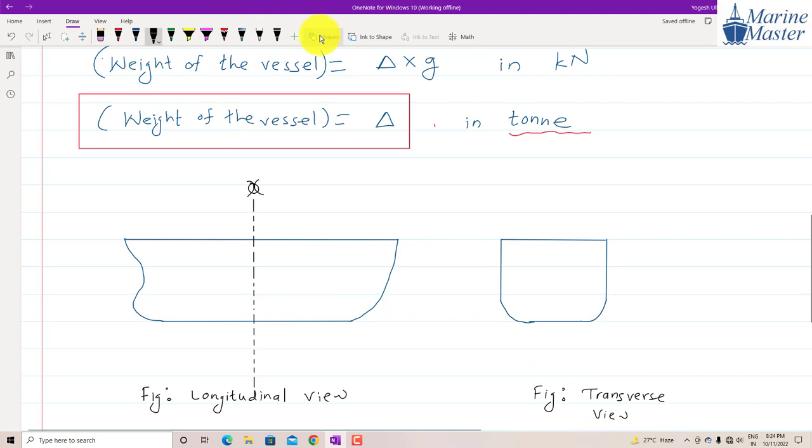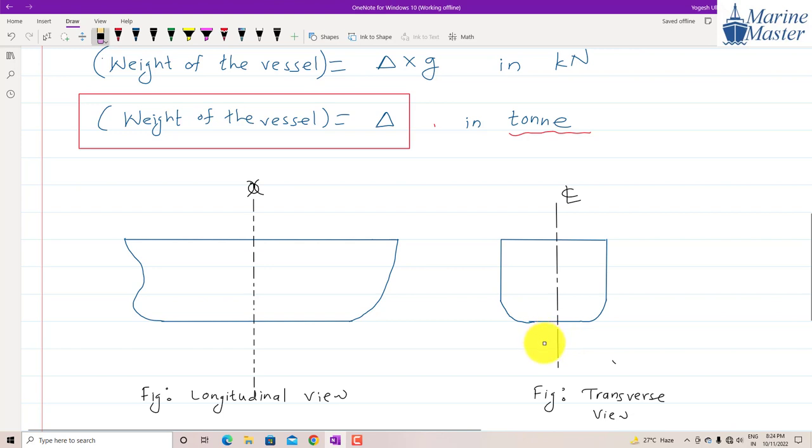Transverse view, guys. Try to understand the scenario here, what we have to do and how we are going to approach. And this line denotes the center line, bigger line, smaller line, bigger line, smaller line, center line, guys.